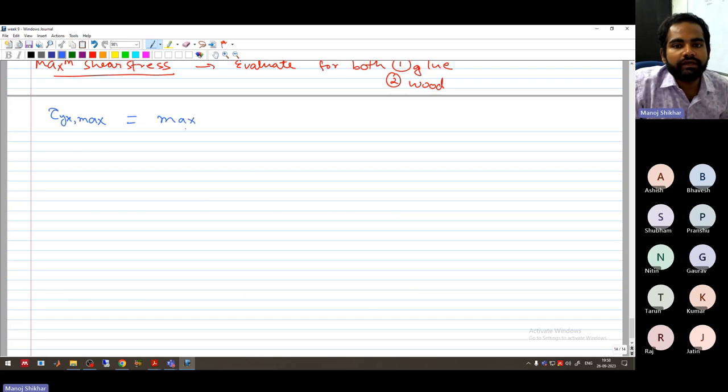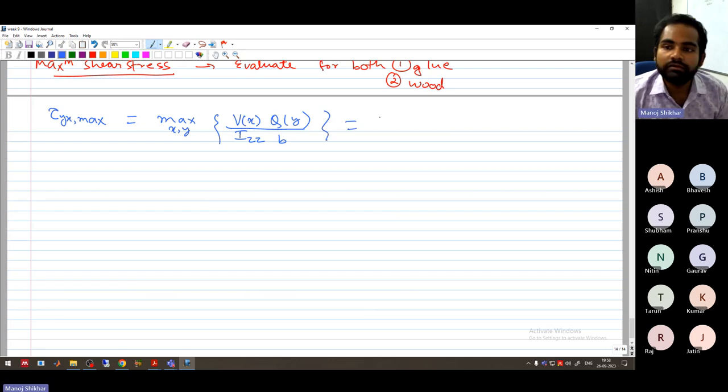This is the max of (x, y) Vx Qy upon Izz b, and since b is constant here, it will be b naught. Izz and b are constant, so I will remove them. Max of x Vx and max of y Qy.